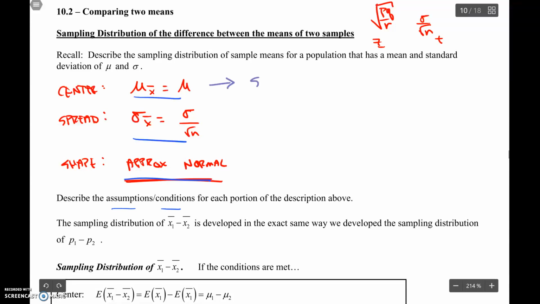For this, we just need an SRS. As long as we have a simple random sample, then our sample mean is an unbiased estimator of the population mean. Here, 10% condition. Pseudo-independence. As long as we have pseudo-independence, I can use this formula. And here, this is the normal large sample condition.